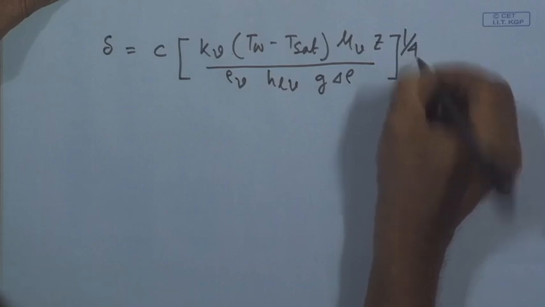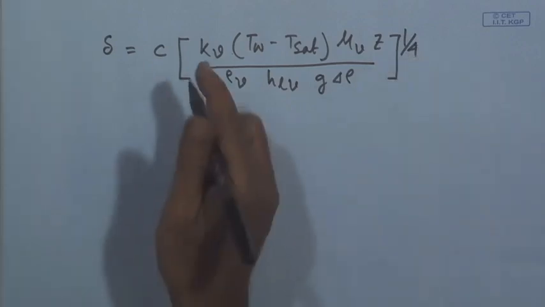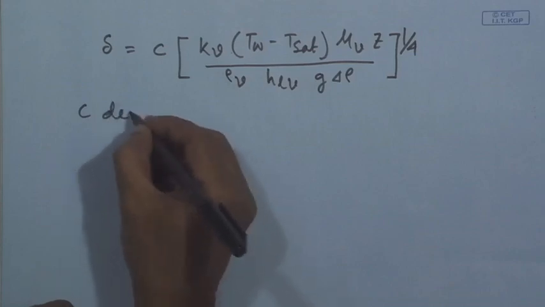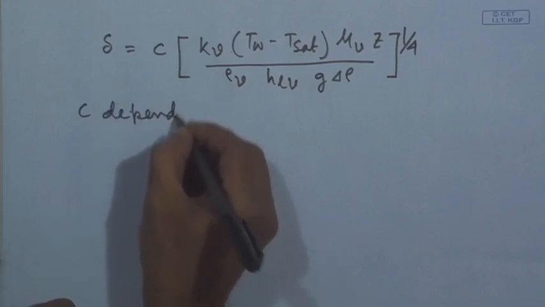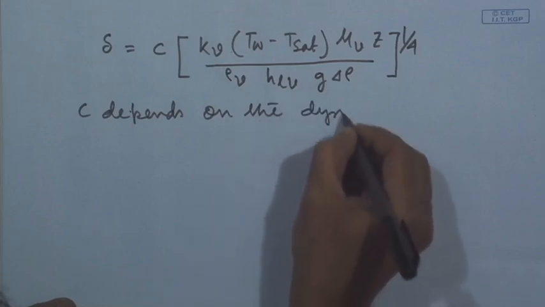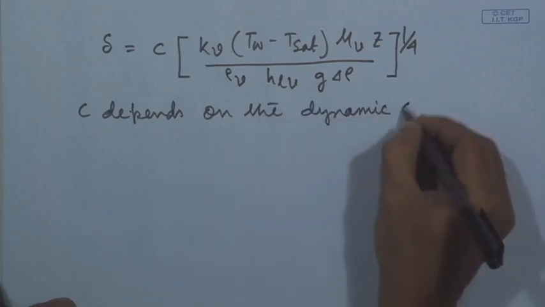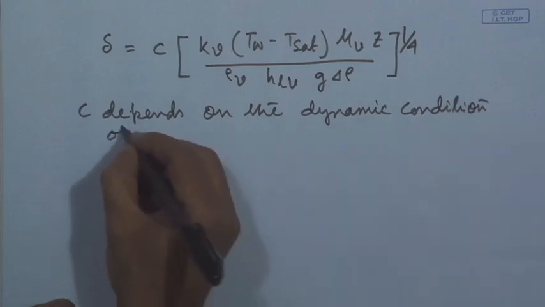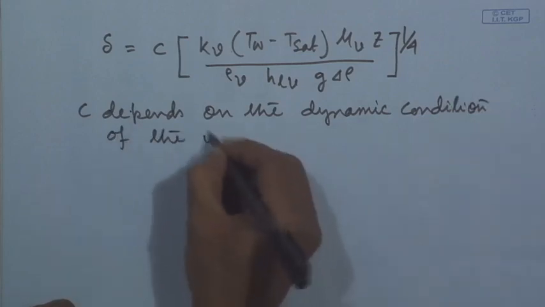So, this is the equation we can get, where C is a constant and C depends on the dynamic condition of the interface.